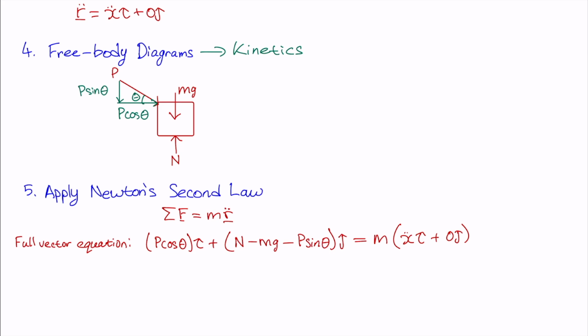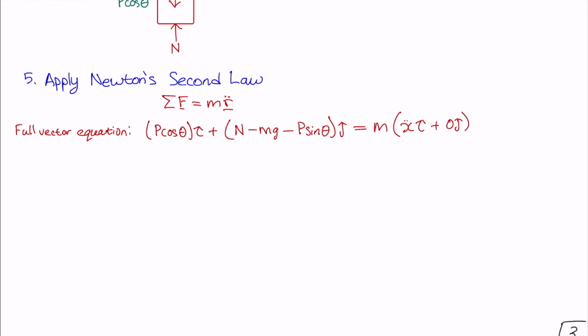We can now go and split this up into components. In the I direction, we will get that P cosine theta is equal to m x double dot.